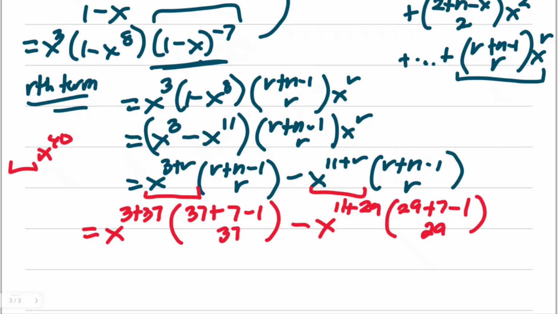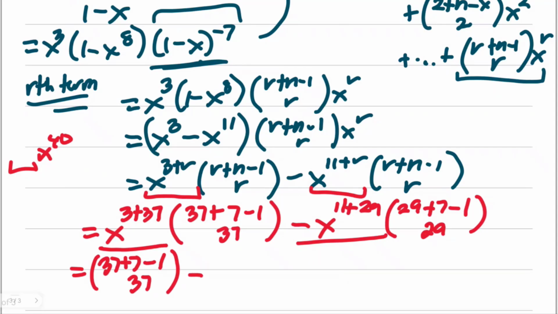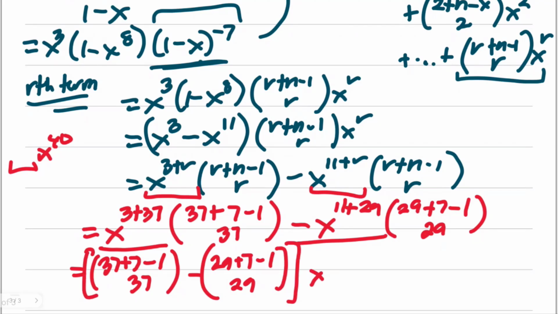So by factoring this again, will be x to the power of 40. You will have 37 plus 7 minus 1, combination 37, minus, you will have 29 plus 7 minus 1, combination 29. This will be multiplied to x to the power of 40. Hence, the result for this is the item we're looking for.